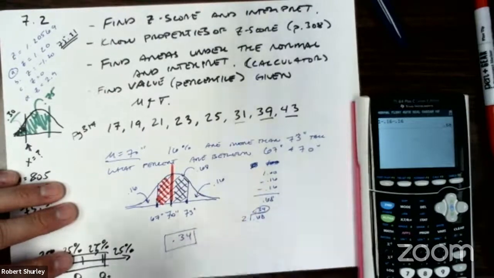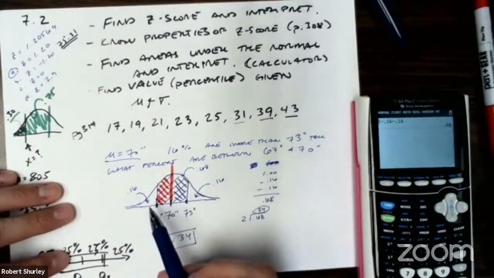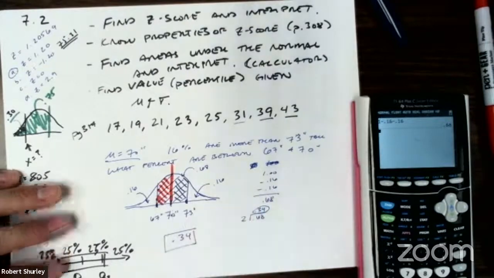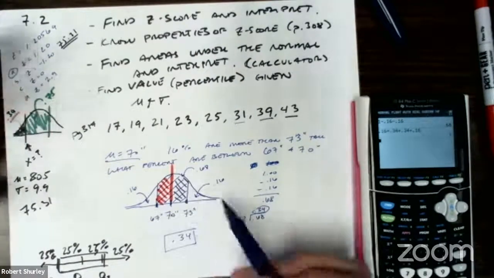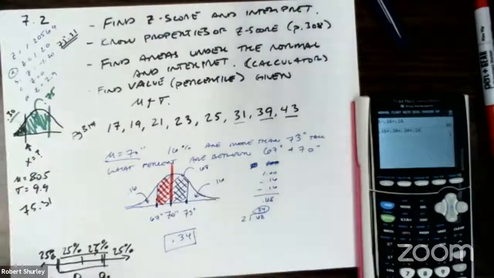So 0.34 is going to be our answer there. And think about this. We know the 4 sections here. So 0.16 plus 0.34 plus 0.34 plus 0.16 is going to add up to 1. Yeah, so that's right.